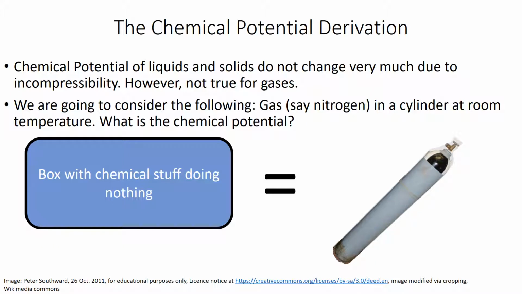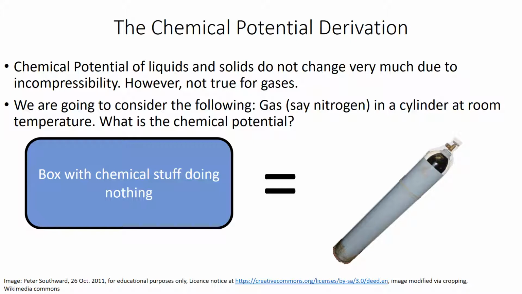Alright, the chemical potential derivation. Now the chemical potential of liquids and solids does not change very much due to incompressibility. However, not true for gases. We are going to consider the following. Say a gas, say nitrogen, in a cylinder at room temperature. What is the chemical potential?